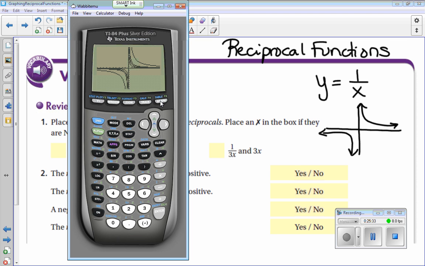But they are guidelines for our graph. This particular function has a vertical asymptote, which means that it doesn't ever touch this vertical line. It also has a horizontal asymptote, which means it gets close to that line but never touches it. So again, they're guidelines for our function.